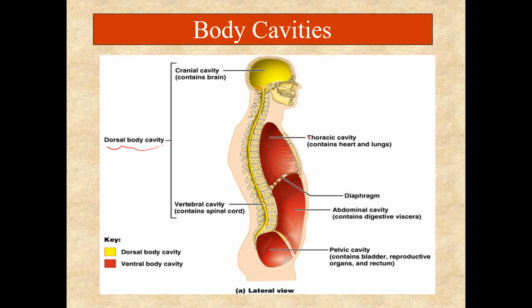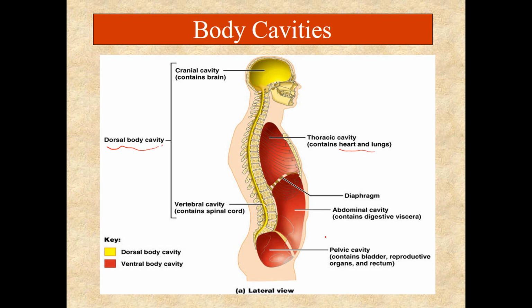I'll just mention them now. This ventral body cavity will be divided into a thoracic and an abdominopelvic cavity. This thoracic cavity then gets subdivided for the heart and the lungs, and the abdominopelvic cavity gets subdivided into an abdominal cavity and a pelvic cavity.